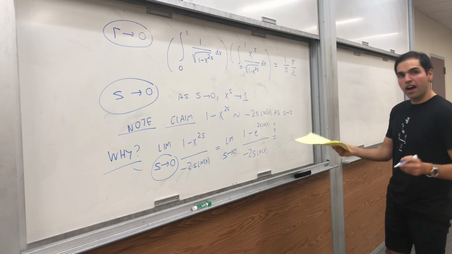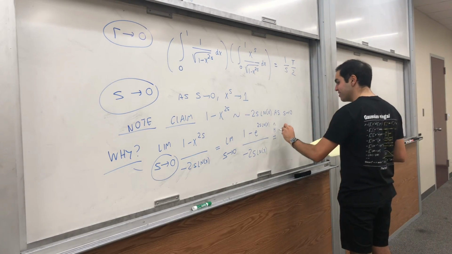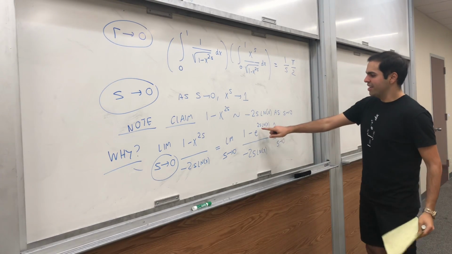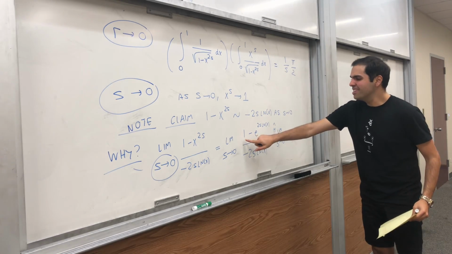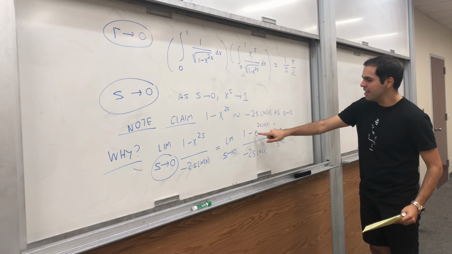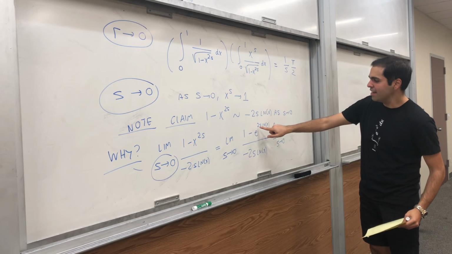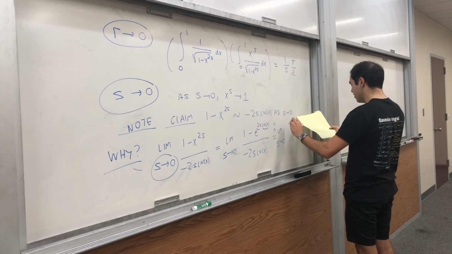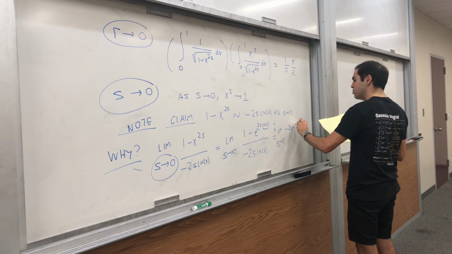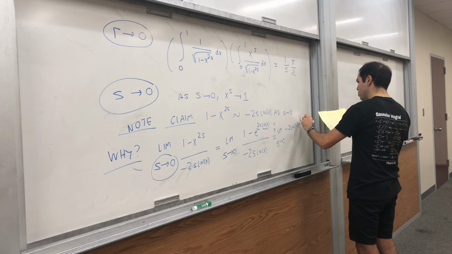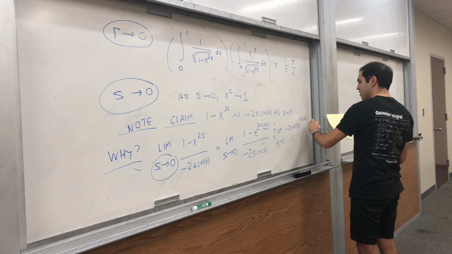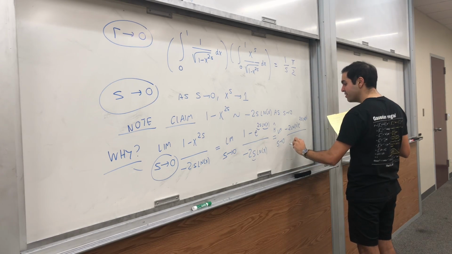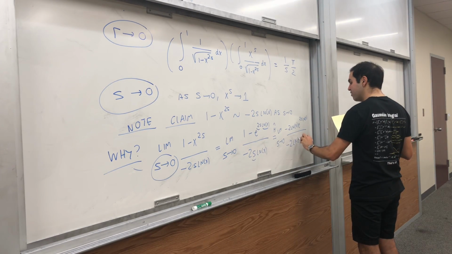Now let's use L'Hopital's rule, but again on s. So this is the limit as s goes to 0 of, using the chain rule, this one disappears, and then we get e to the 2s ln of x times 2 ln of x. So in other words, minus 2 ln of x e to the 2s ln of x, divided by, now we're just differentiating with respect to s, minus 2 ln of x.